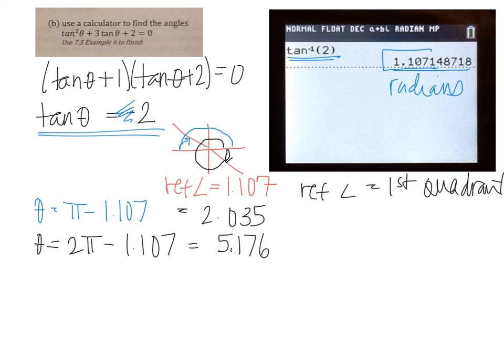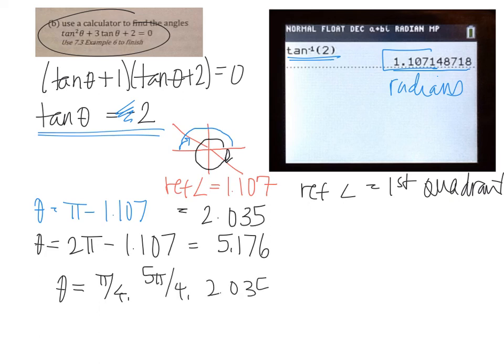So overall, the solutions for this part B equation should be pi over 4, 5 pi over 4, 2.035, and 5.176. And again, use your calculator up here to check that those solutions satisfy the equation.